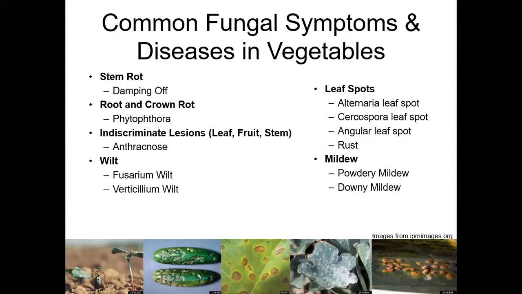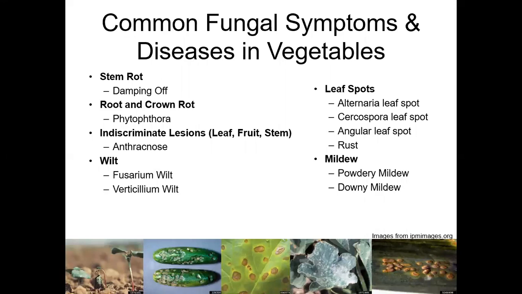All right, some of our common fungal symptoms and diseases on plants. You're going to see stem rot and damping off. We see a lot of that in our bedding plants or when we start seeds at home. The little plants will be growing great one day, and the next day, boom, they're all falling over. That can be caused by overwatering, not enough air circulation, and things of that nature.